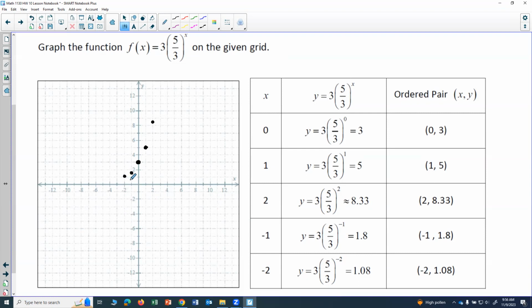So I do my best to plot those, and I'm going to have a horizontal asymptote on the x-axis, and so I just try to connect those with a smooth curve.